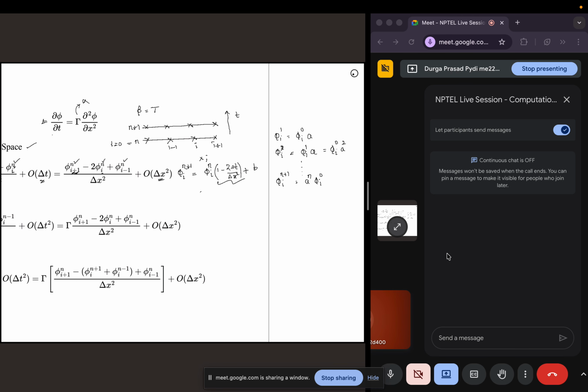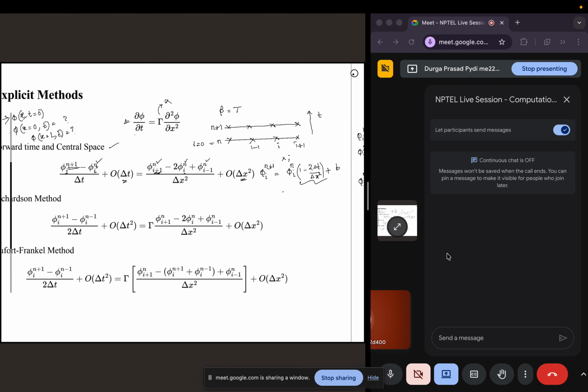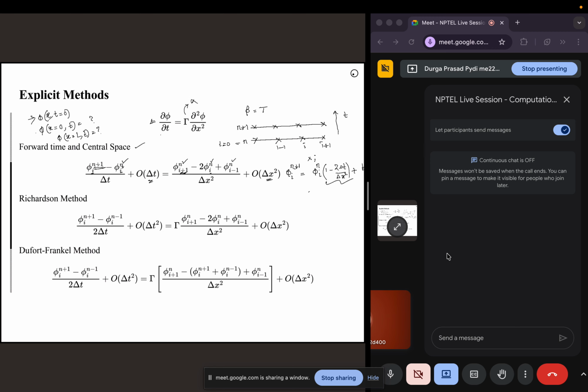If we need the scheme to be stable, we need this a value to be less than 1. If a is positive and greater than 1, then as the exponential of n keeps increasing, the solution will keep growing as time increases, and it will not be stable. If you are modeling an explosion problem or something where that kind of growth is acceptable, that is a different problem.